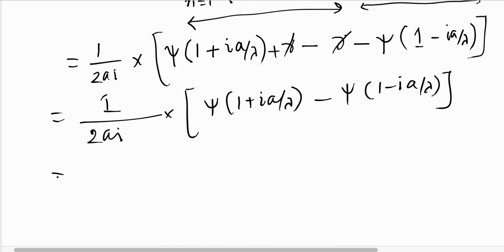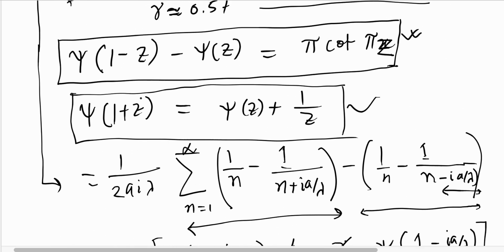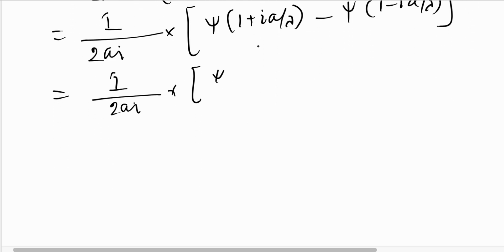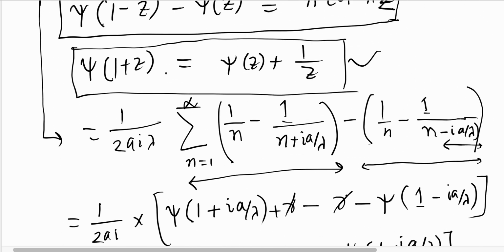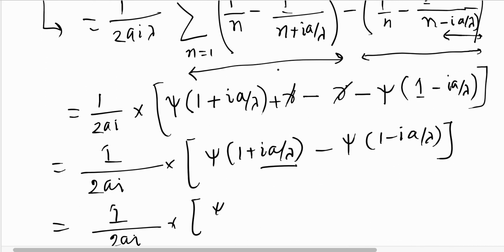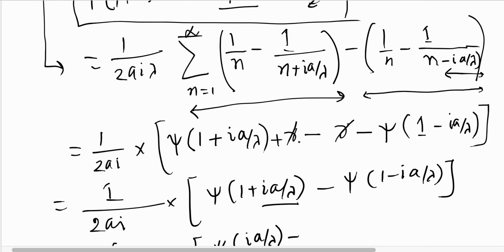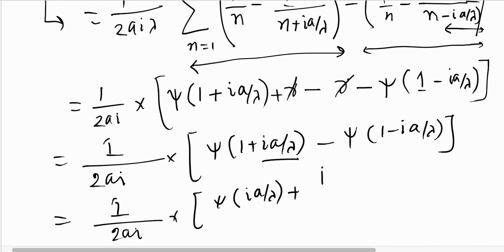So if I use this property, 1 by 2ia, psi of 1 plus z is psi z plus 1 by z. Here z is ia by lambda, so that means psi of ia by lambda plus 1 by ia by lambda.